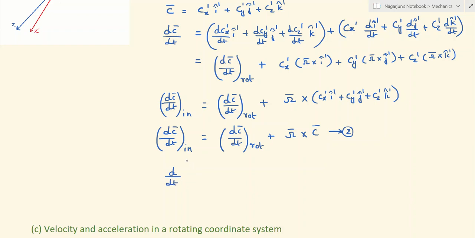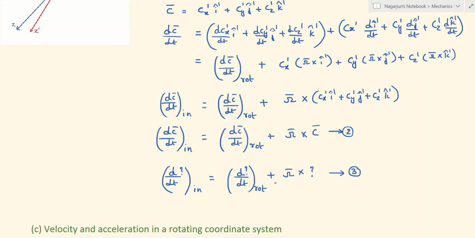Let me just put it in a general way. d by dt of some vector, it may be any vector here, with respect to the inertial frame is equal to d by dt with respect to that rotating frame, d by dt of that vector, of any vector with respect to rotating frame, plus omega bar cross that vector. So in the place of question mark, you can place any vector of your choice. Let me call this equation 3.